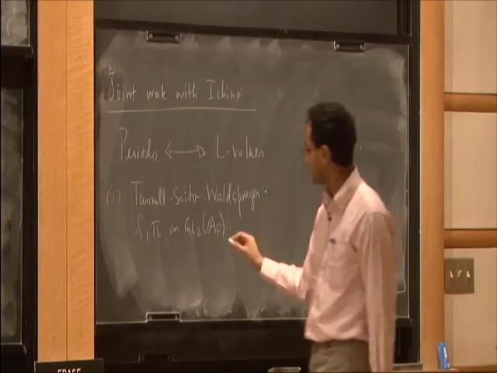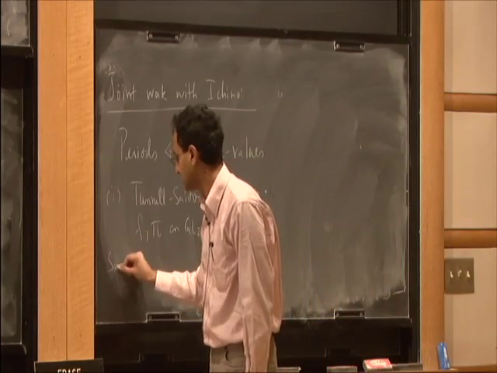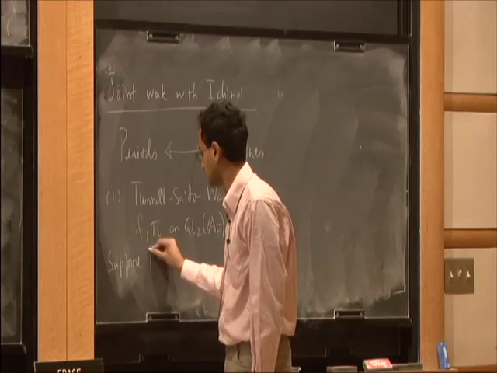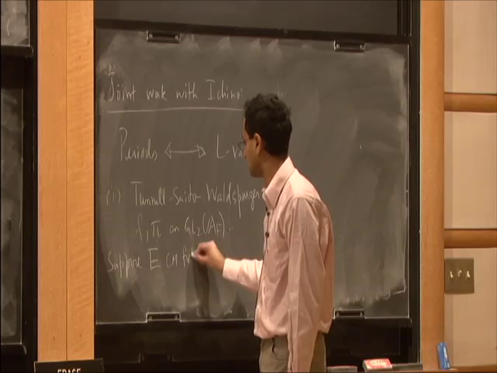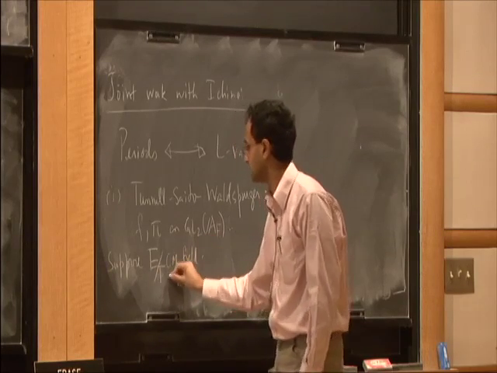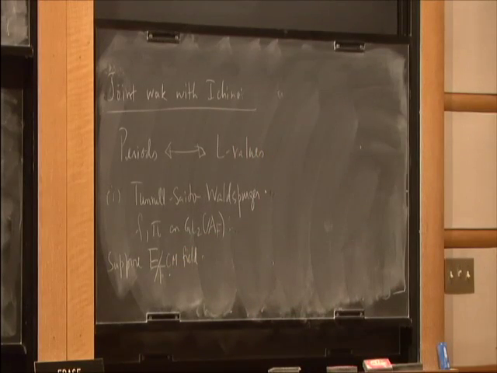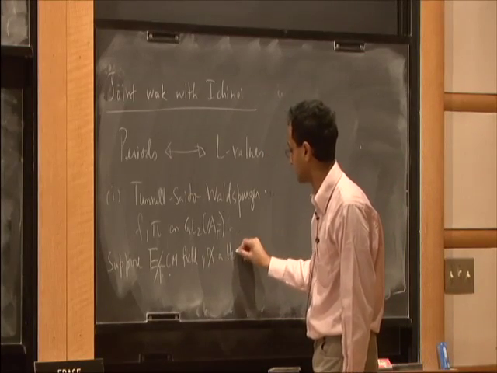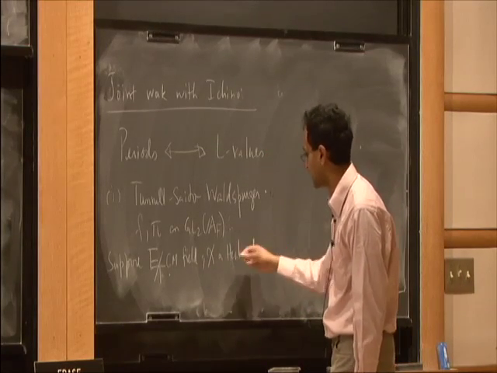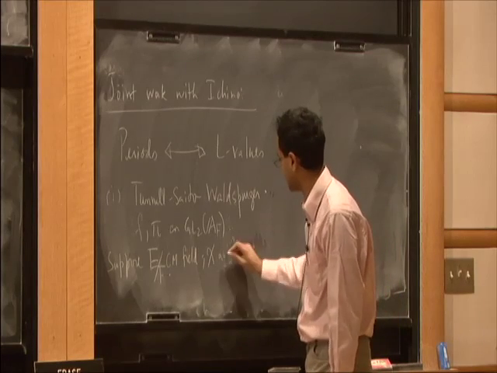F is totally real. Suppose that E is a CM field. E over F is CM. So E is degree 2 over F. And chi is a Hecke character of E, an algebraic Hecke character.